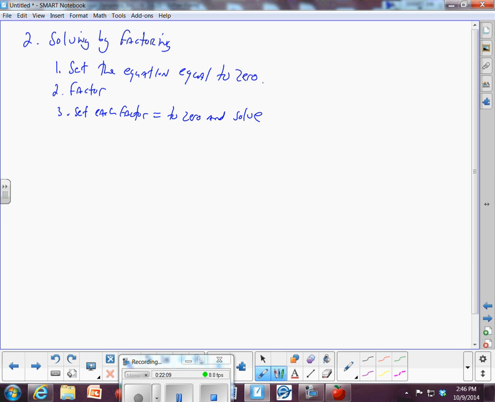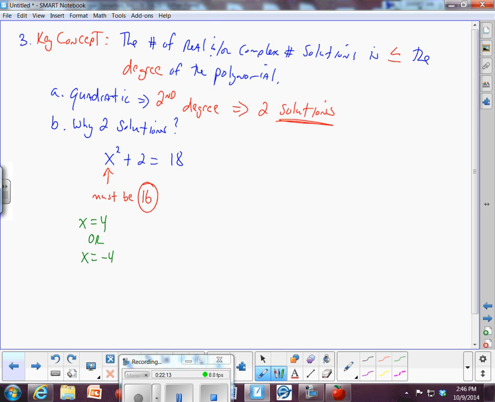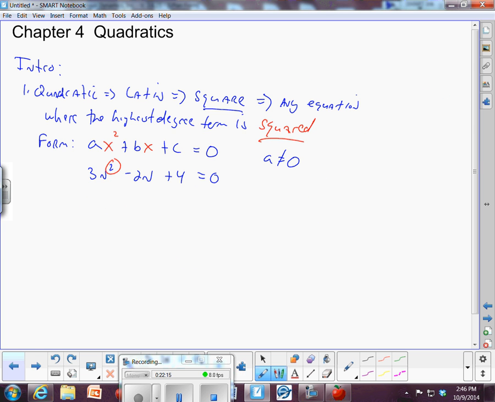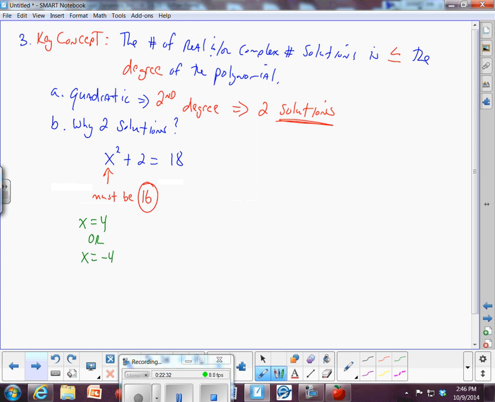All right. So before we get into these, let me just review. Solving by factoring, right? Quadratics. Latin means squared. How do we know it's quadratic? Because there's a square term. What are the 3 ways of solving? Taking the square root of both sides, factoring, that's the one we're doing right now, and the quadratic equation. Key concept: the number of solutions equals the degree.